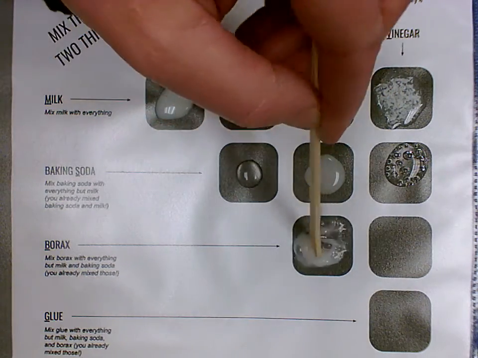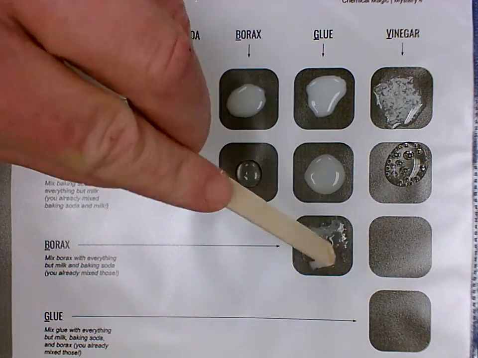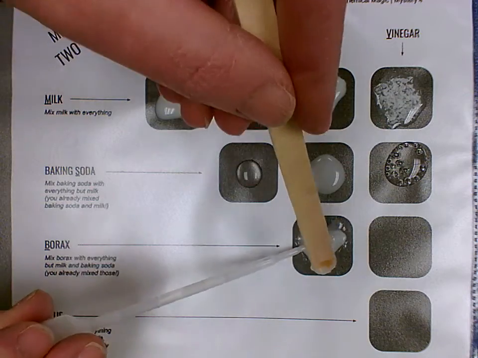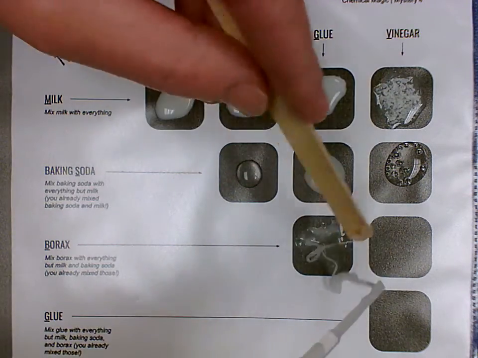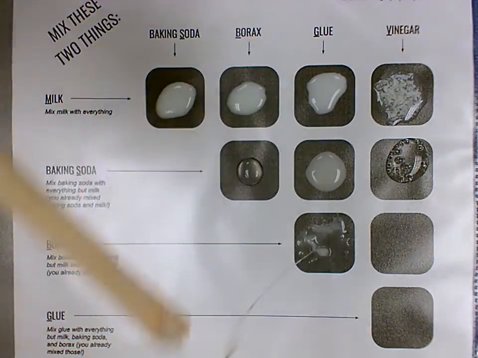Having trouble getting my popsicle stick off. Okay, so there's borax and glue. Kind of sticky.